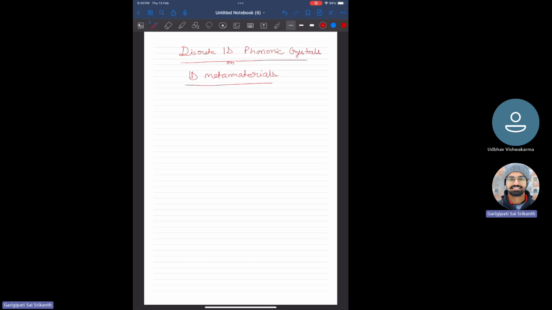So there'll be a unit cell, and then that will be connected to the next unit cell and the next unit cell. So we'll consider a chain like this.